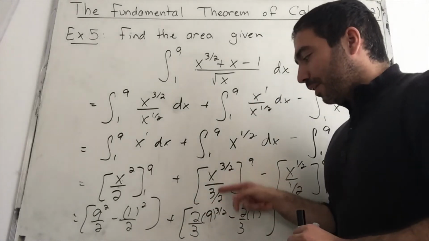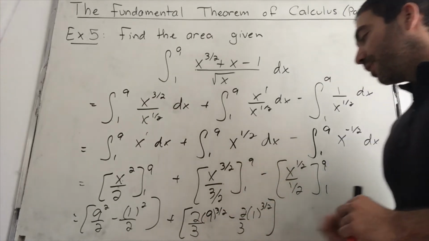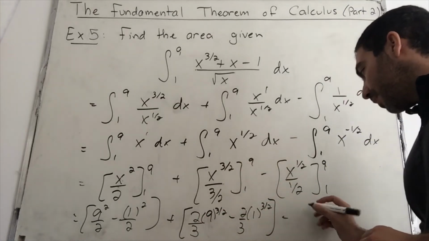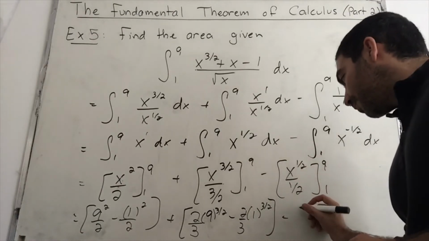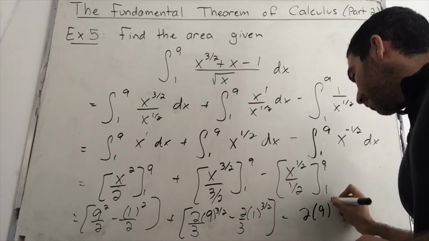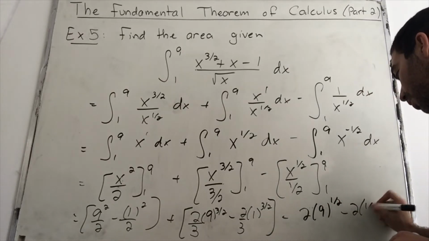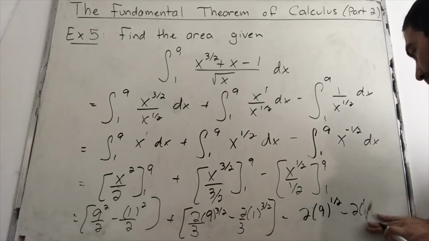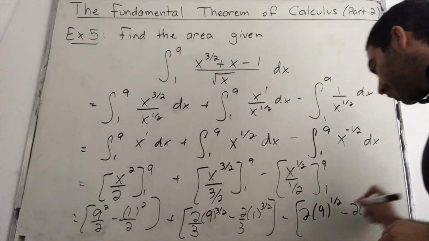Here we're dividing by 3 over 2, which is the same as multiplying by 2 over 3. That's how we flip the fraction here. And next we have minus, again with the 1/2, I'm just going to flip it. It becomes 2 times 9 to the 1/2 minus 2 times 1 to the 1/2. And all this in brackets.